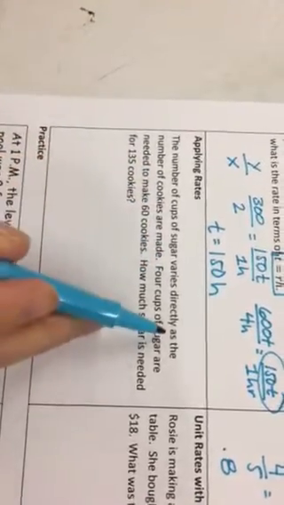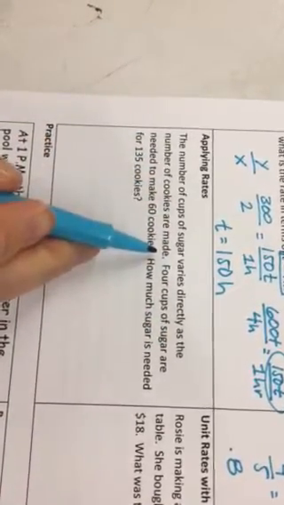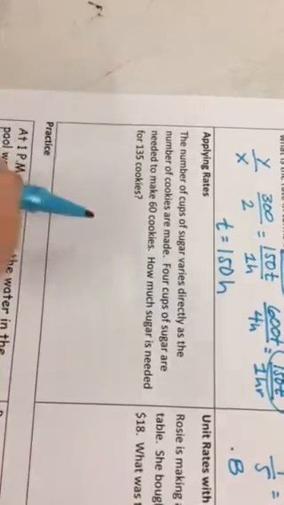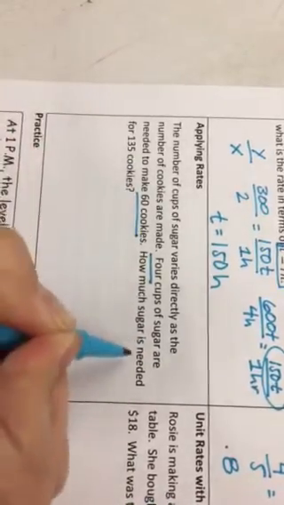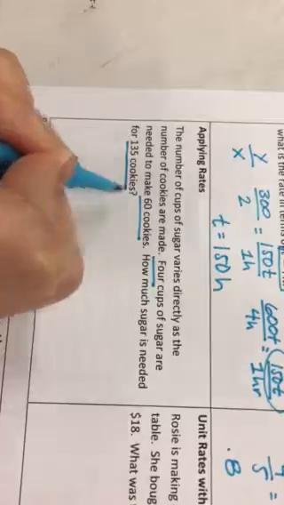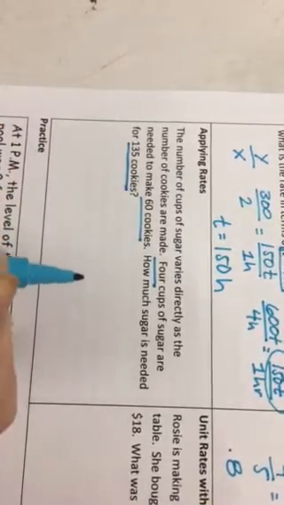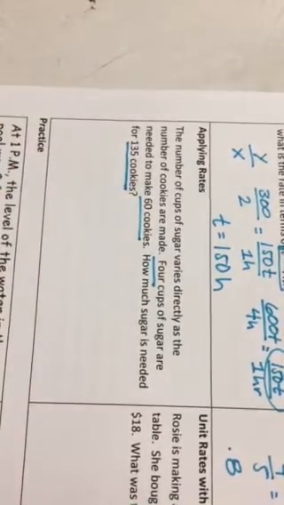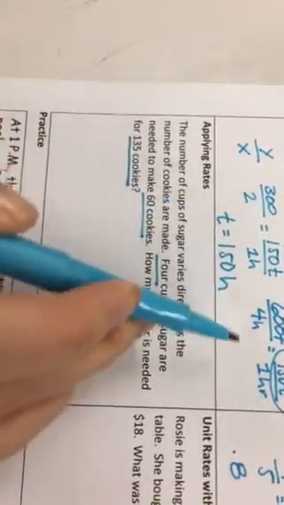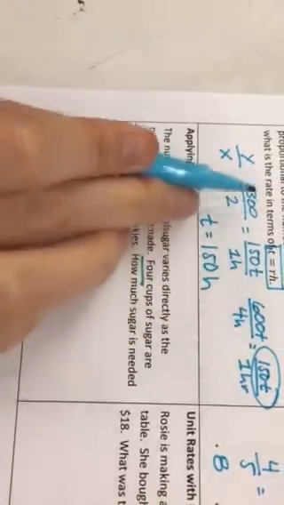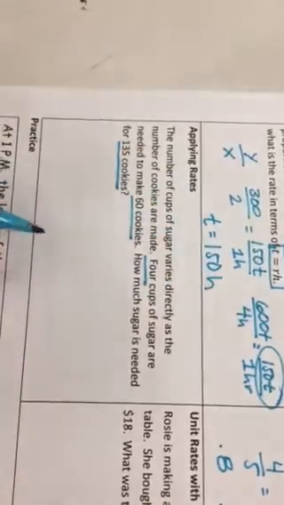Applying rates. The number of cups of sugar varies directly as the number of cookies made. So this time they just told us this is going to be a proportional relationship. 4 cups of sugar are needed to make 60 cookies. How much sugar is needed to make 135 cookies? Oftentimes, the easiest approach when you get 3 numbers to answer the rate question would be make a proportion, meaning making 2 equal ratios.